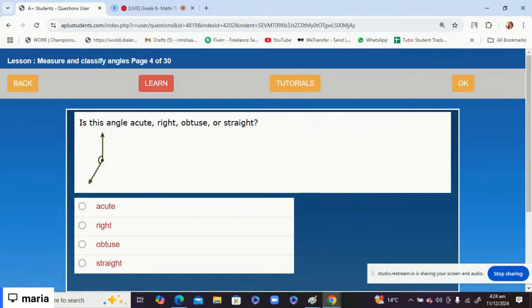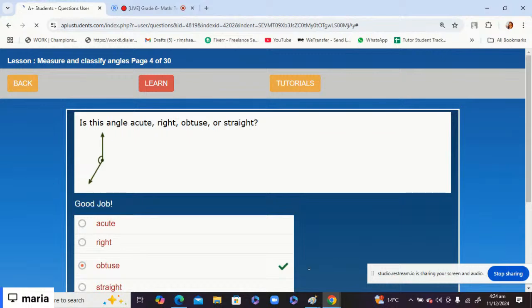Acute or obtuse? Yes, it's greater than 90. Look, so it's an obtuse angle. It's not less than 90, so it's not acute, it's an obtuse angle. So we go with the obtuse angle.